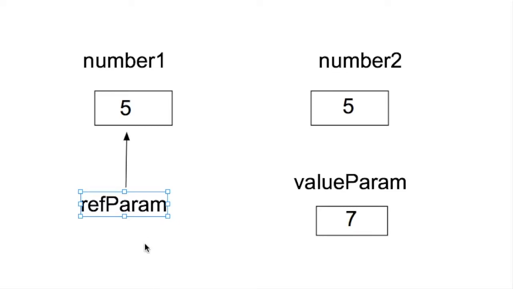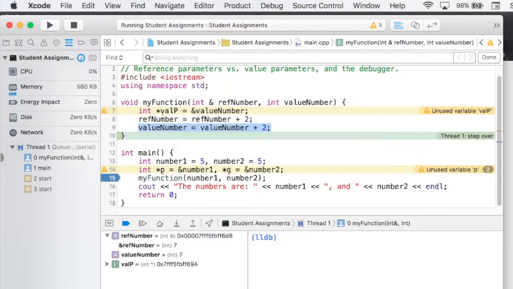And whenever we change ref param, we are actually changing the actual parameter, which is number 1. Number 1 is back inside of main, right? So we're going to change this 5 right there to a 7. Notice that pass by value over here had no effect on the actual parameter up here. Okay, since it's a reference parameter, it changed the actual parameter when we added 2 to ref param. Okay, let's switch back to Xcode and see what we have next.